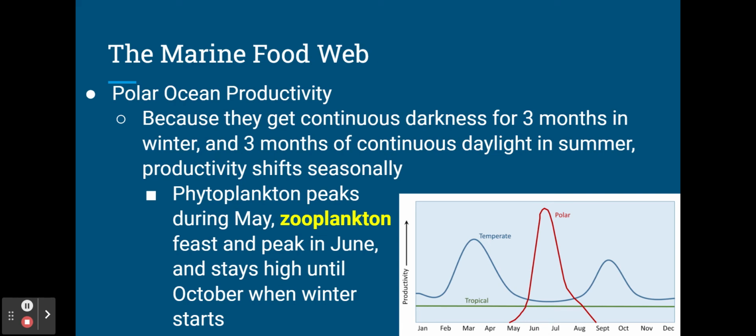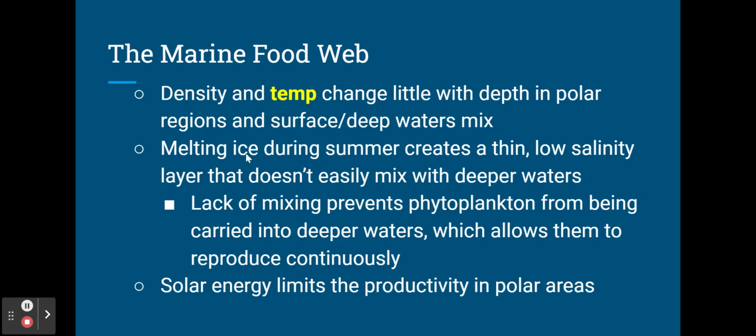During May it peaks because there's a lot of sunlight, and it basically stays that way from June to October, when you start to see the winter start again. So pretty much phytoplankton in the polar regions are only active when the sun's around. Now, density and temperature change very little with the depth in polar regions.